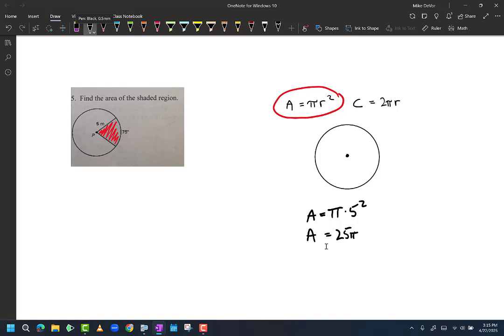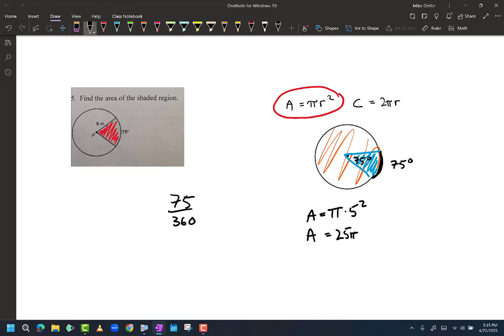Okay, but I don't want the whole thing, right? I don't want this whole thing here. I just want this little piece of it here. So that shaded region, well, how do I know what that is? Again, it's just a fraction of it, and that fraction is going to be given here. It says 75 degrees, so that's saying the central angle is 75 degrees, and that fraction is 75 out of 360.